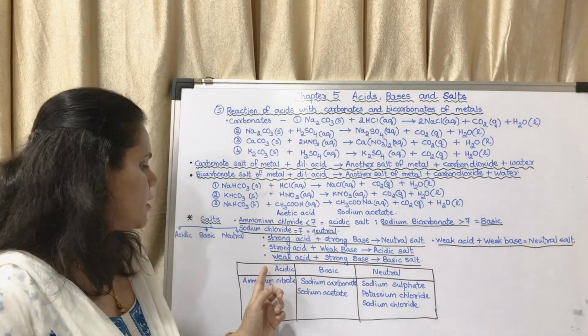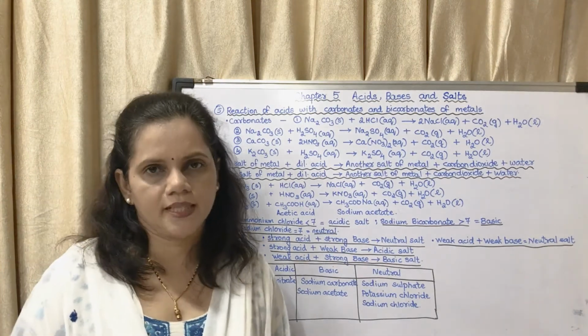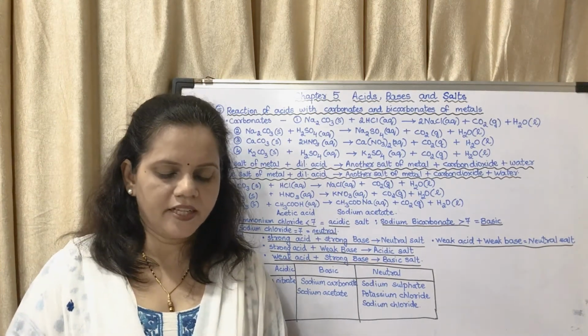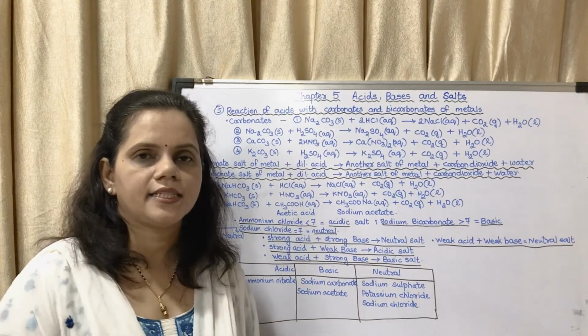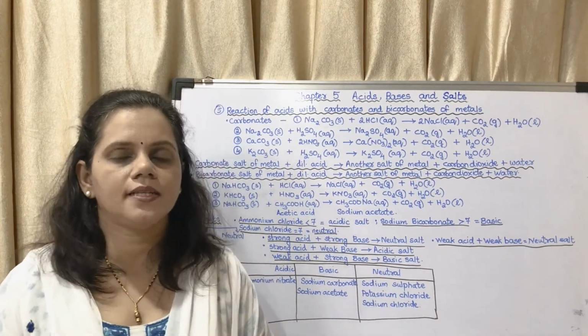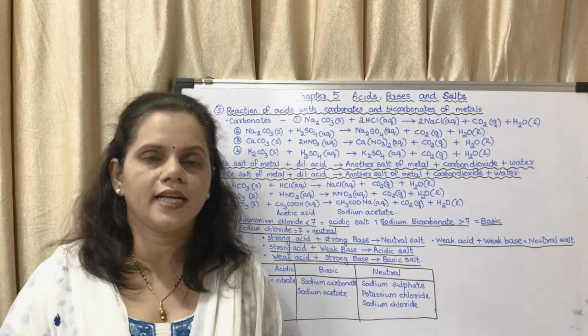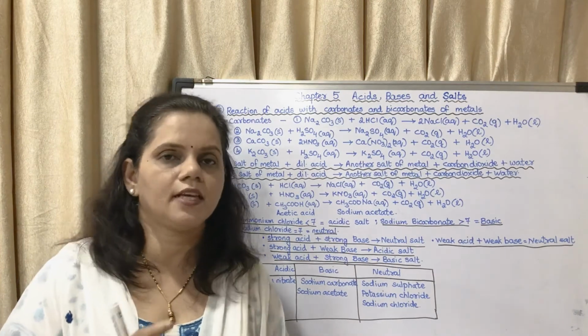Now there is a question again towards the end of page number 68. Classify the following salts into acidic, basic and neutral. Basically you should know the names of strong acids, weak acids, strong bases and weak bases.